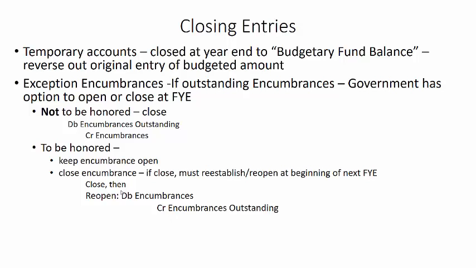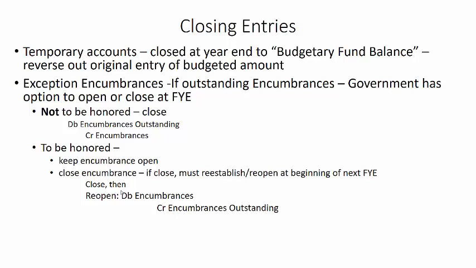The first one, we can keep the encumbrance open. Again, having details regarding those encumbrances and in those subsidiary ledgers, what year it was approved for, that becomes helpful. We can leave the encumbrance open and deal with it as the items or services are received, like we have already discussed.